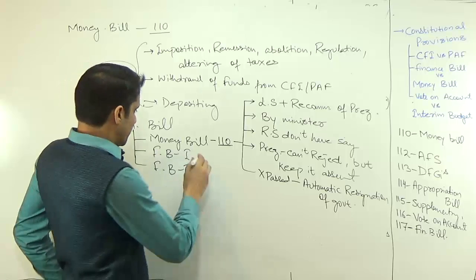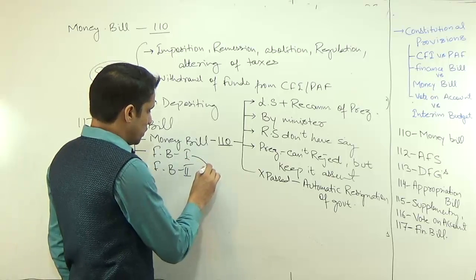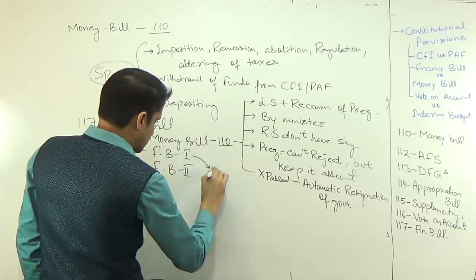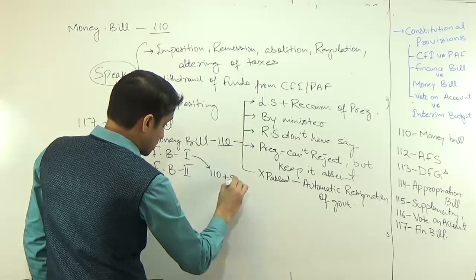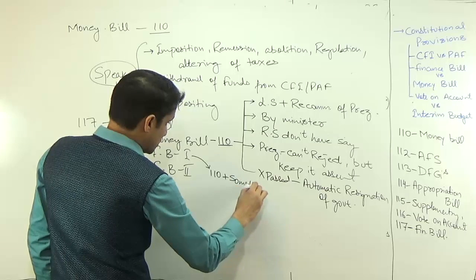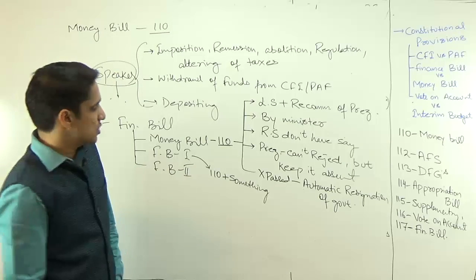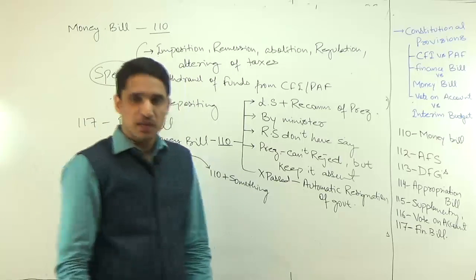And what we have in finance bill 1 is, finance bill 1 will have provisions of Article 110 plus something extra. It means it is not exclusive to Article 110, it has provisions of 110 plus something extra.